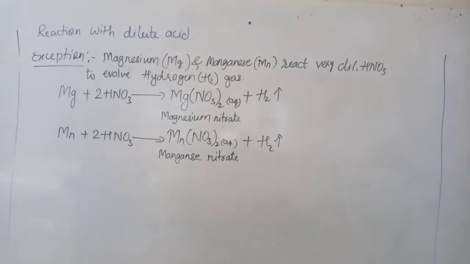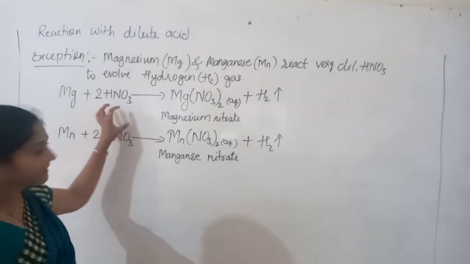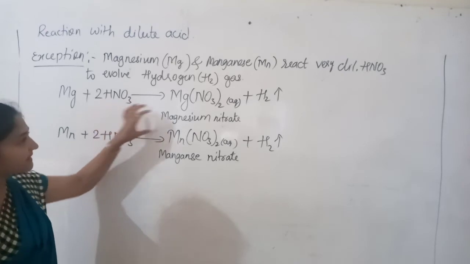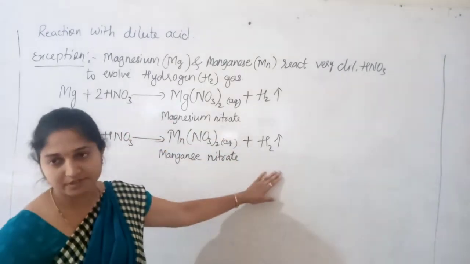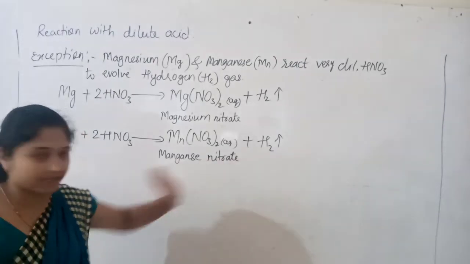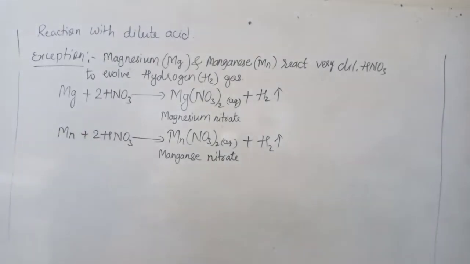Some metals, when they react with nitric acid, form their metal nitrate and hydrogen gas is liberated. Then some more metals are there.